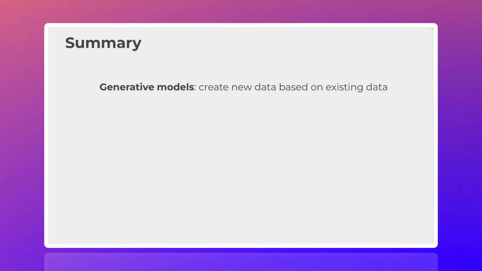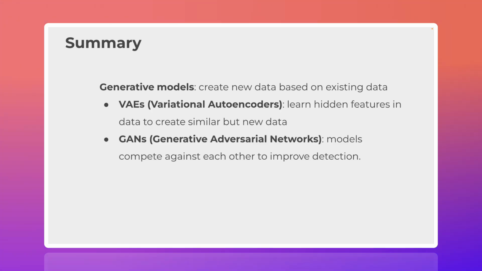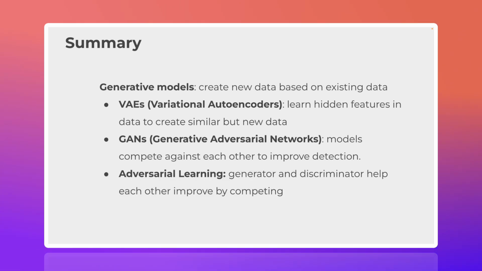We have looked into VAEs, variational autoencoders. These learn hidden features in data to create similar but new data. Very important distinction. And then we have GANs, generative adversarial networks. These are the models that have the system where they compete against each other to improve detection.